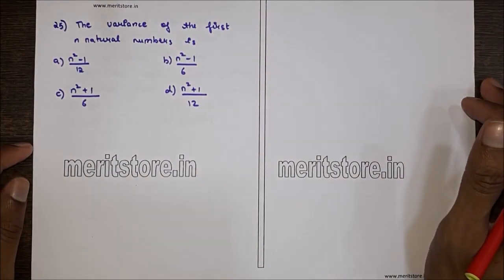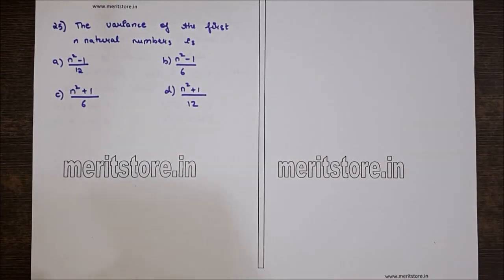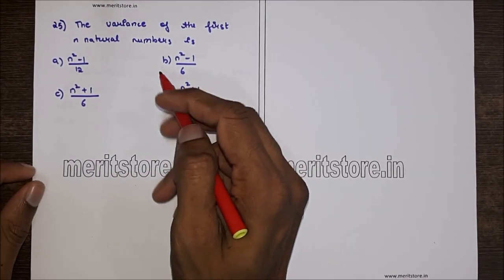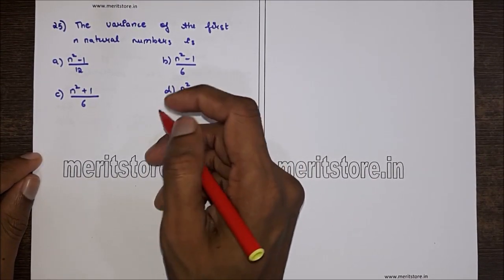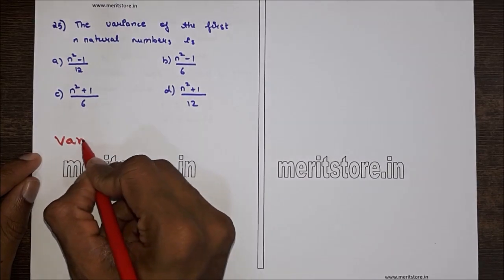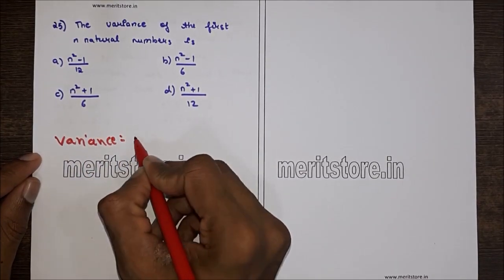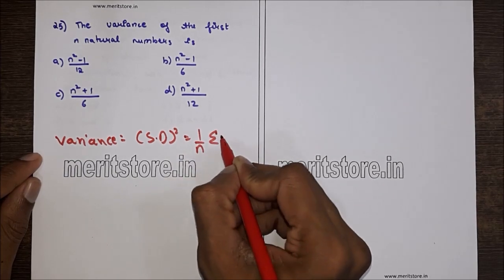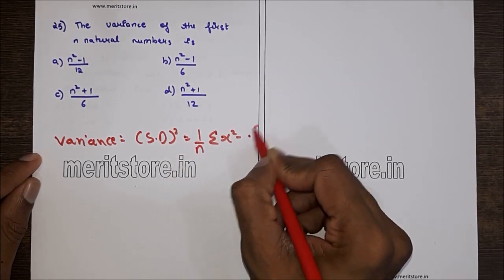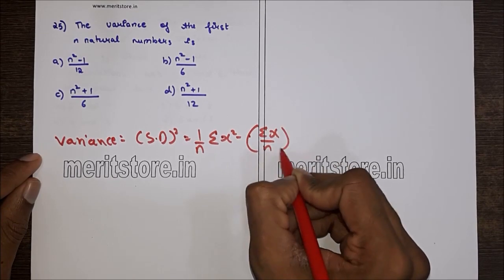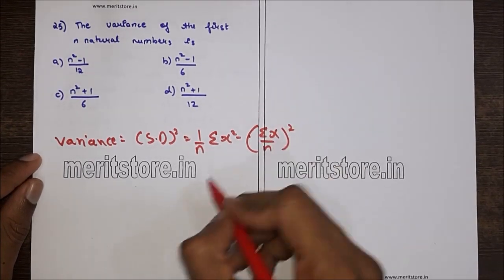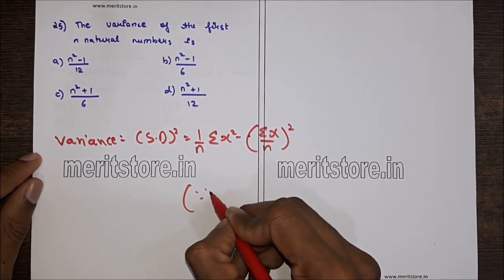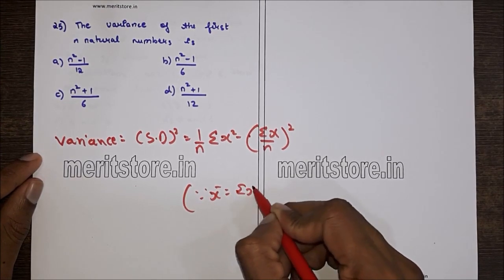The variance of the first n natural numbers is, we have 4 options. So the variance is given as, that is standard deviation the whole square, 1 by n summation of x square minus (summation of x upon n) the whole square, where x bar is equal to summation of x by n.